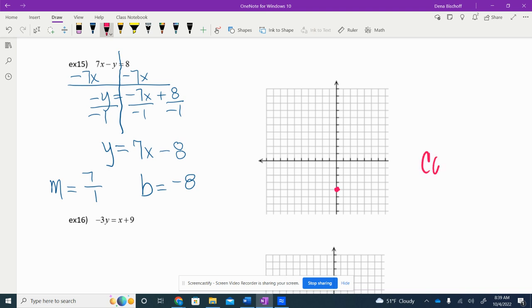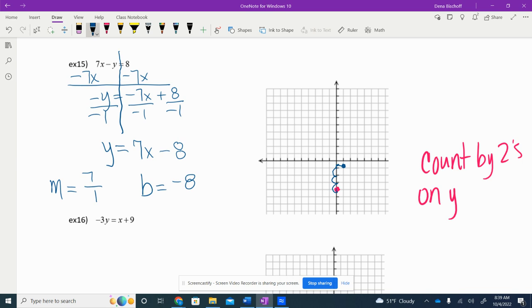So I'm counting by 2s. I need to go up 7. So I'm going to go up 2, 4, 6, and then a half, and then over 1. I'm going to count by 1s on my x, though. Then I'm going to do that again.